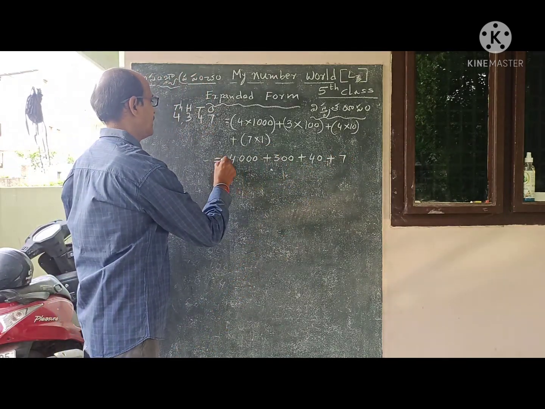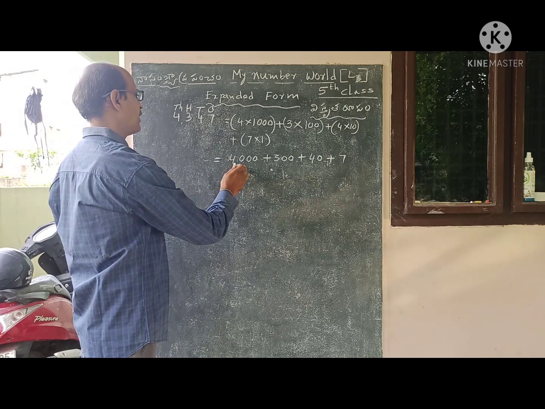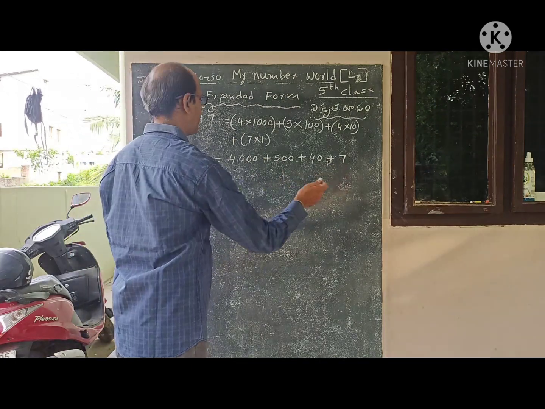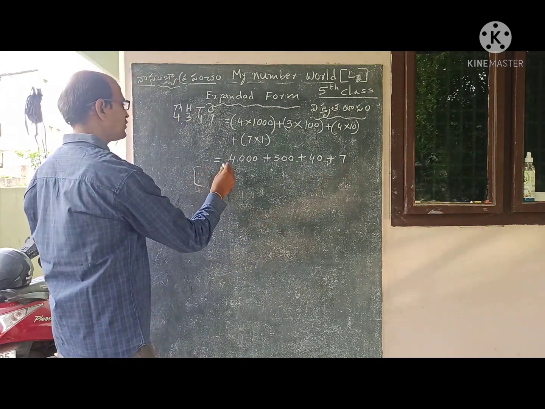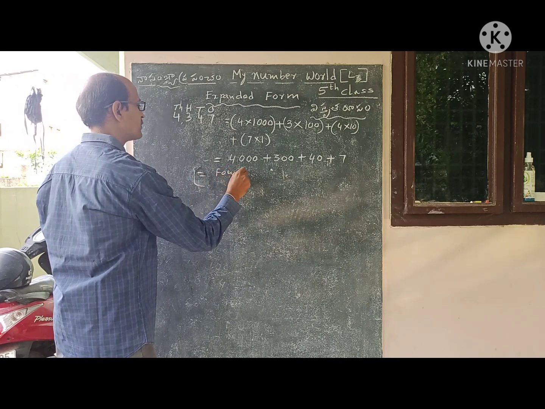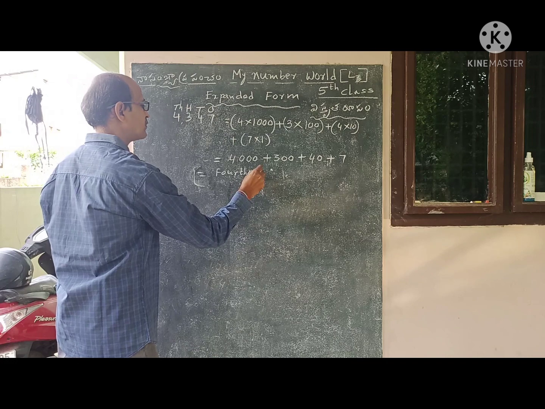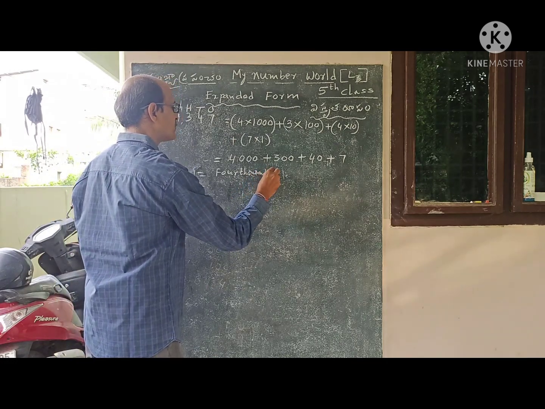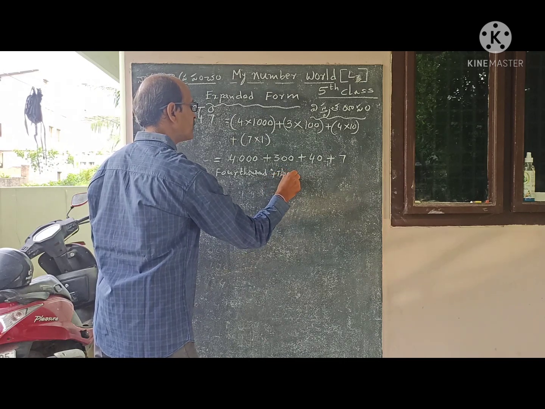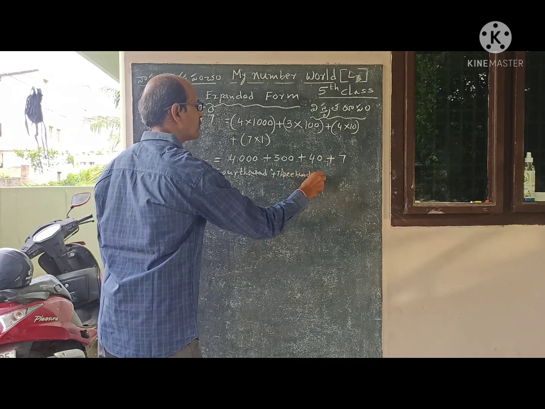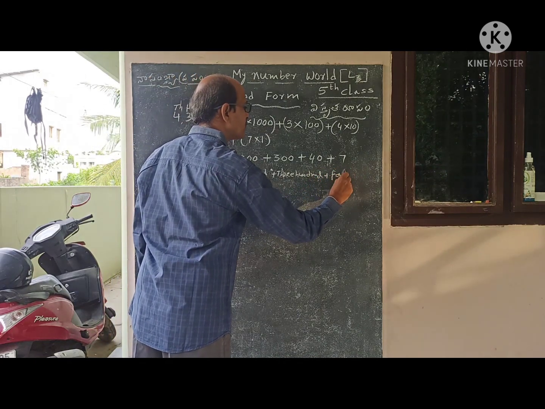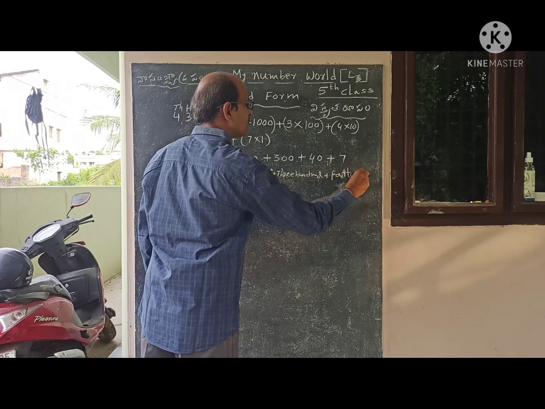Further, you can also write the number names of these numbers in words also. 4,347. If you want to write it: 4,000, 300, 40, 7.